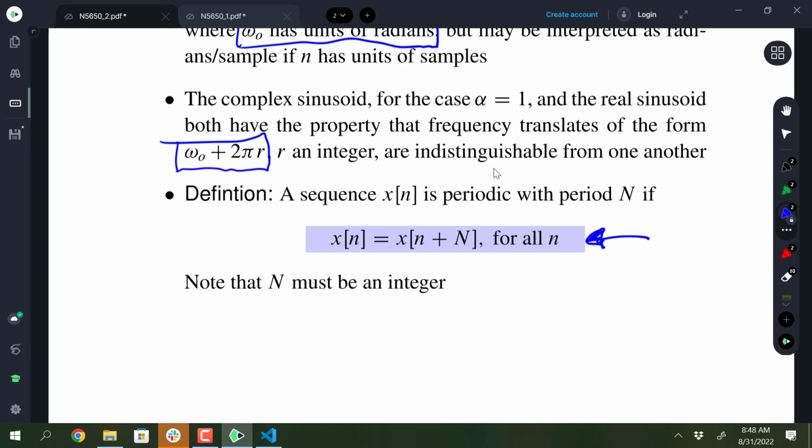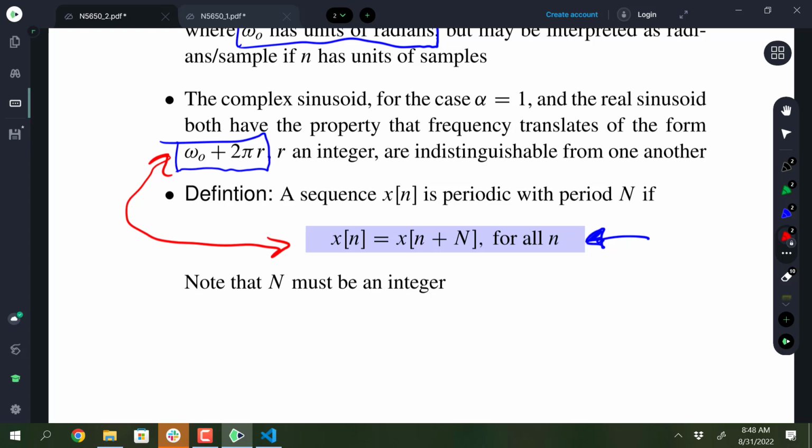But now, if you marry these two things together, we're going to find that it doesn't guarantee that the sequence is periodic. And this is going to be a little bit earth-shattering, I think, to your common sense, right?